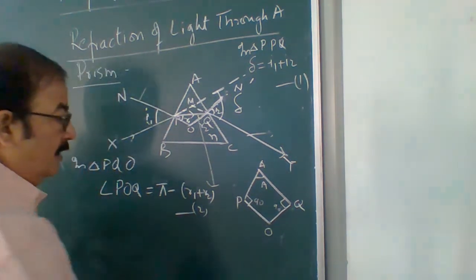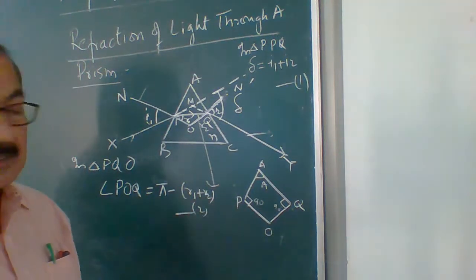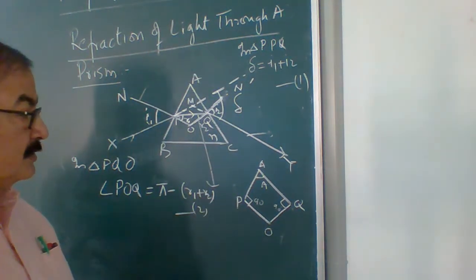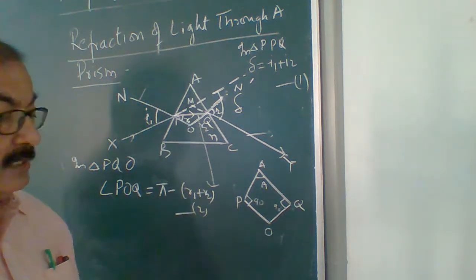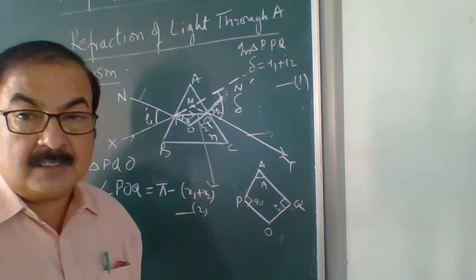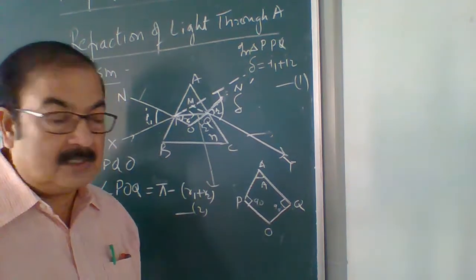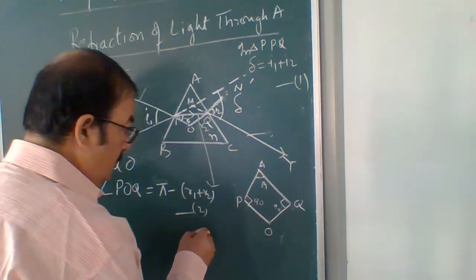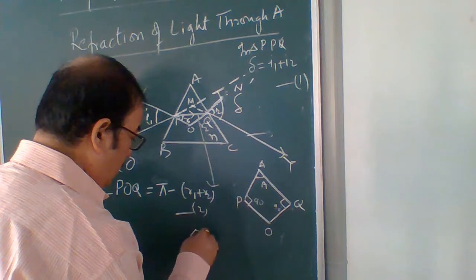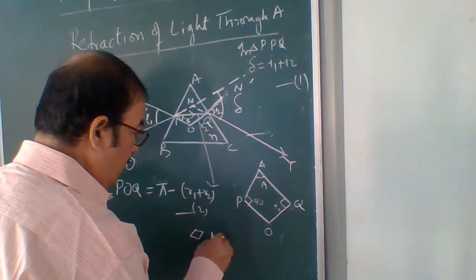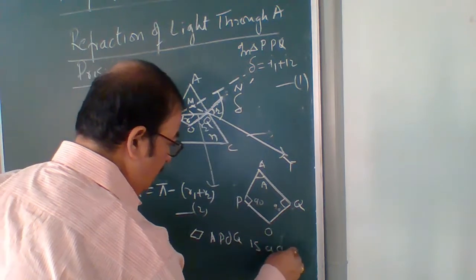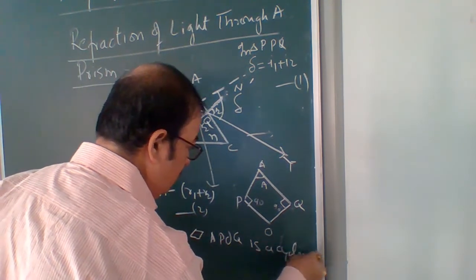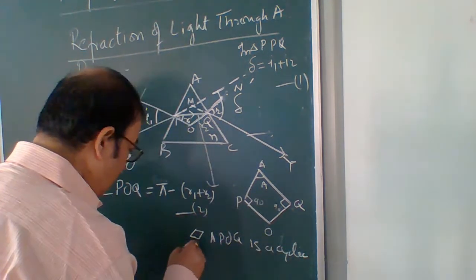Now let us take this quadrilateral. You can see if the sum of two opposite angles is 180 degrees, then it is a cyclic quadrilateral. Quadrilateral APOQ is a cyclic quadrilateral.